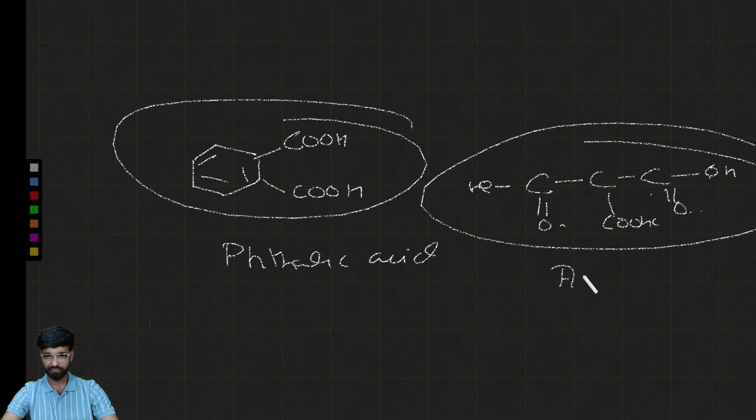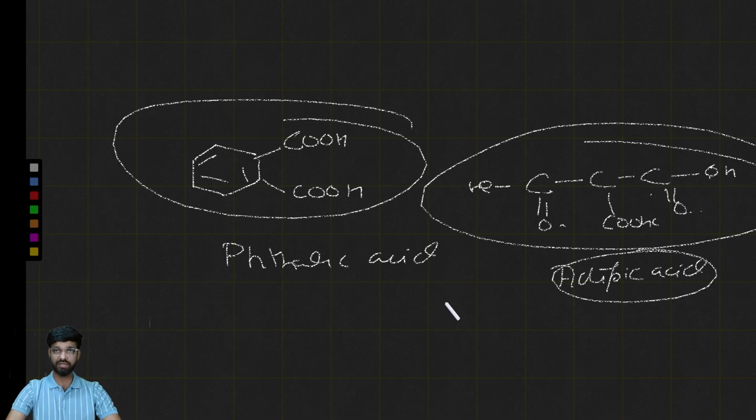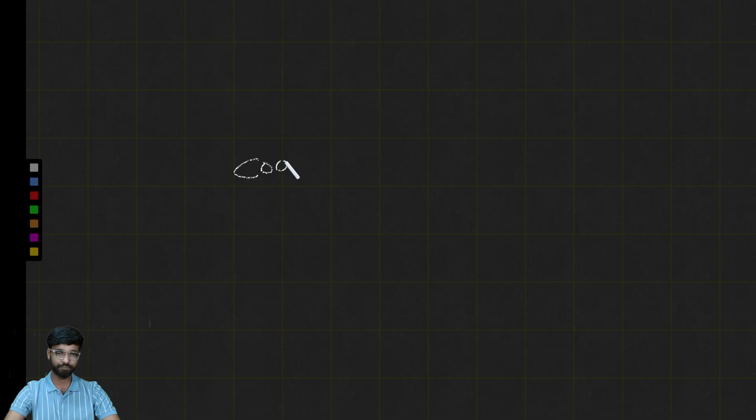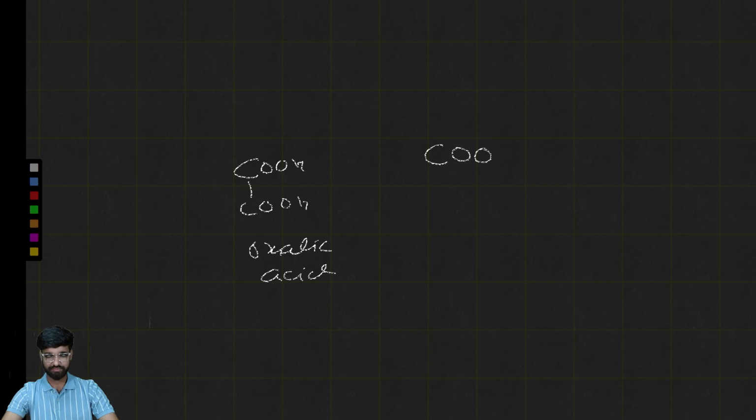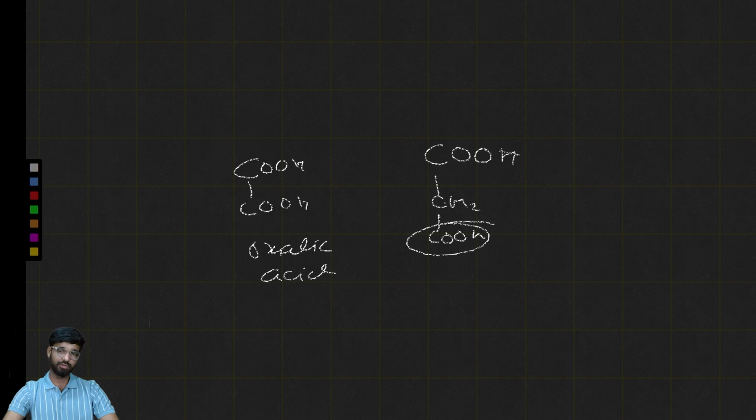It is also termed as adipic acid. Then we have seen succinic acid also, oxalic acid also. So oxalic acid looks like this. Oxalic acid. Then we have succinic acid. Now you must be aware about each of these common names of the acids because they're important.